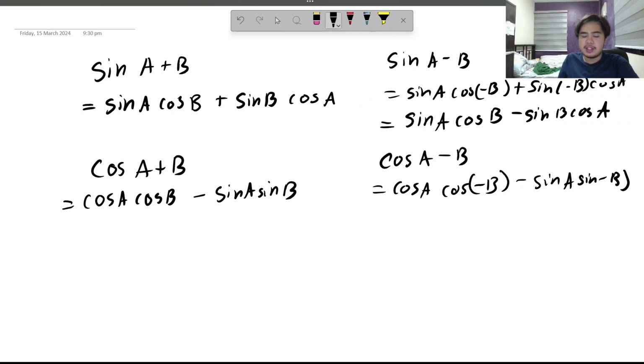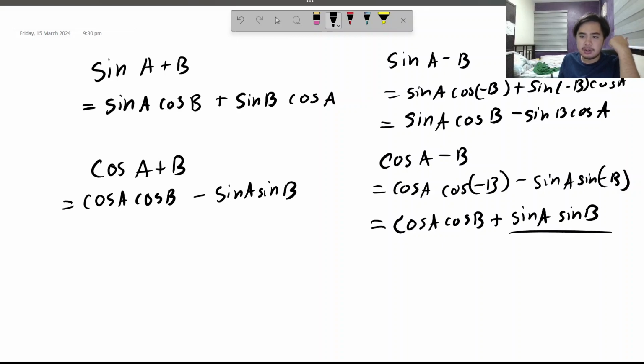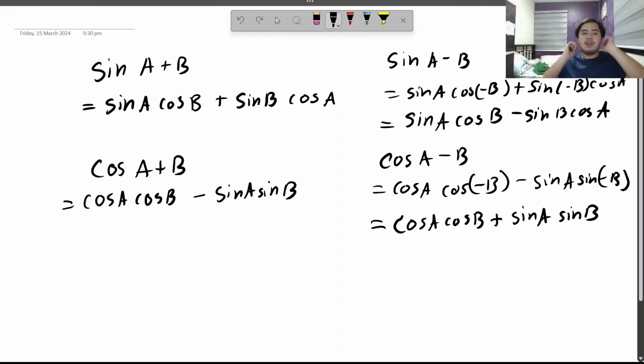Again, cosine negative b is just cosine positive b, so this is cosine a cosine b. And sine of negative b is just negative sine b, so this becomes negative of a negative is plus positive sine a sine b. And look, sine a sine b is what we're here for, so we can manipulate our so and so together. So how can we do that?